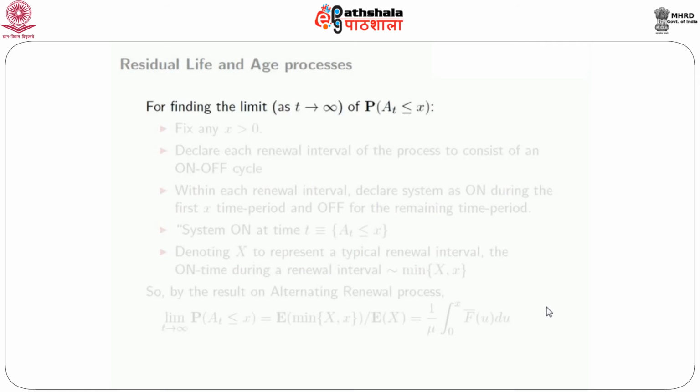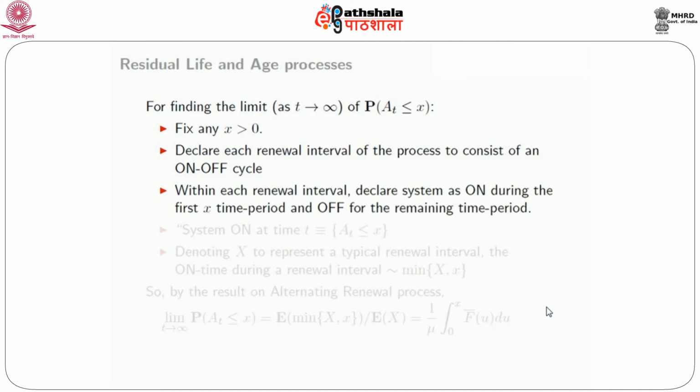For finding the limit as t goes to infinity of the probability that A_t is less than or equal to x, let's fix any x positive. I'm going to convert this into an alternative renewal process. Declare each renewal interval within the process to consist of an on-off cycle.